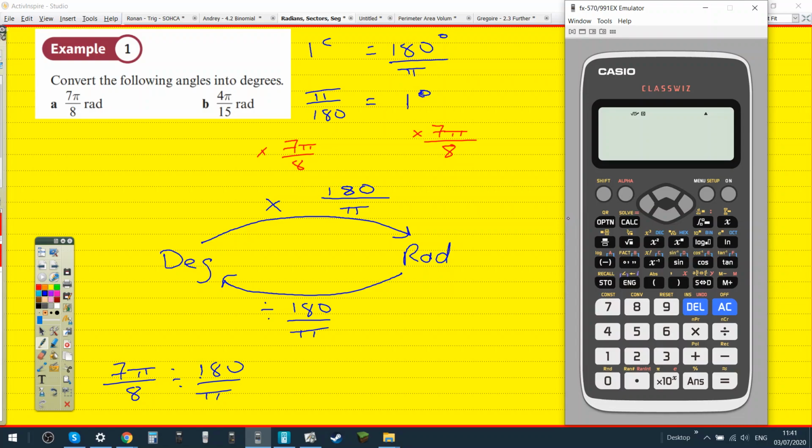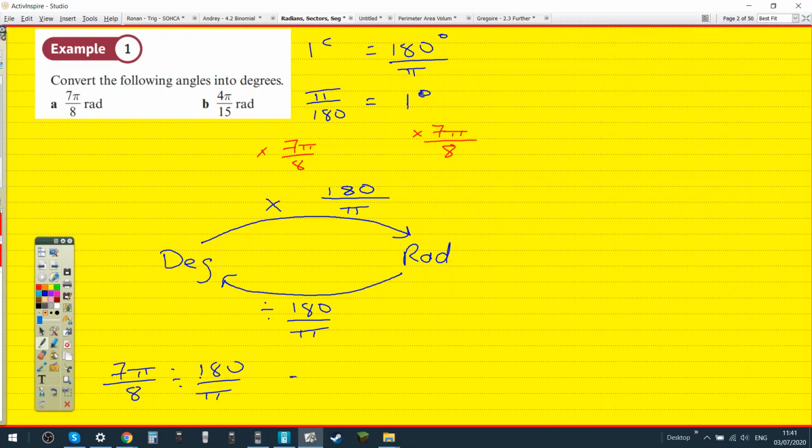I got a bad answer. That's all right. So I got 0.04797772. Am I getting this wrong? Did you do divided by 180 over pi? Yeah, I'm pretty sure.